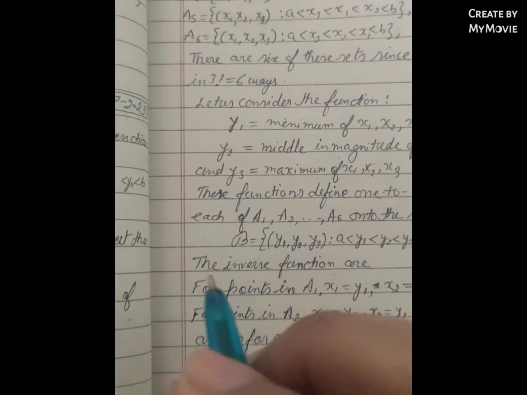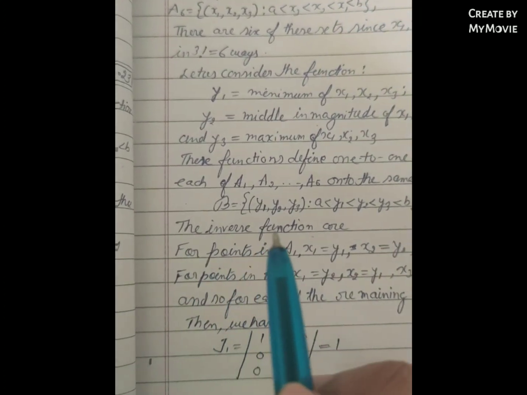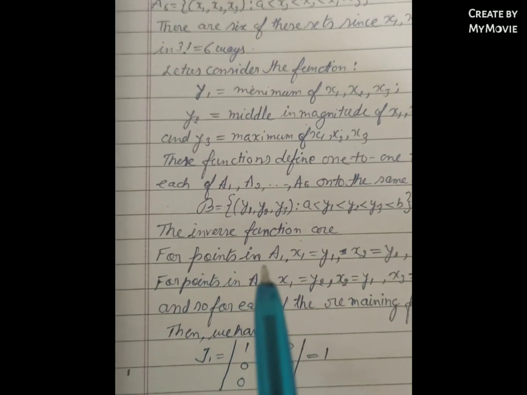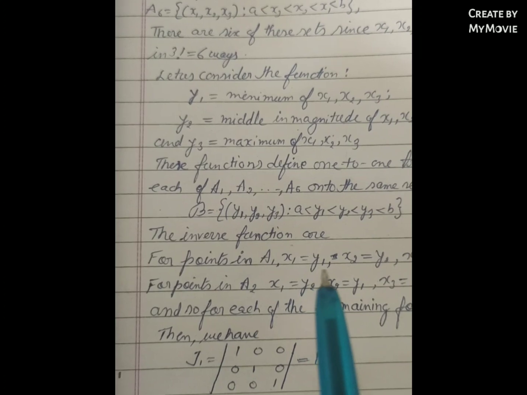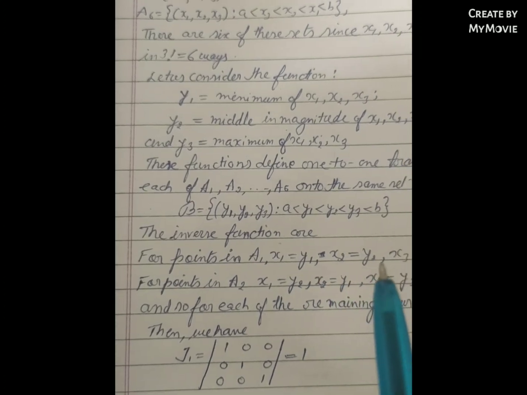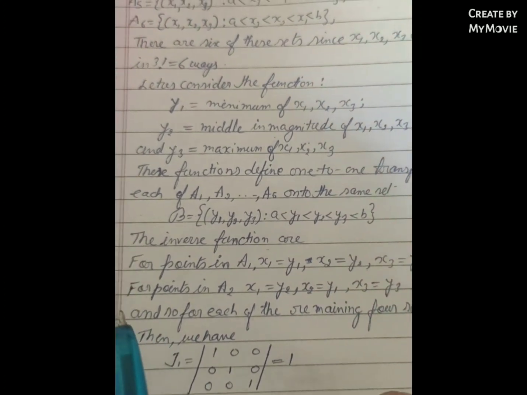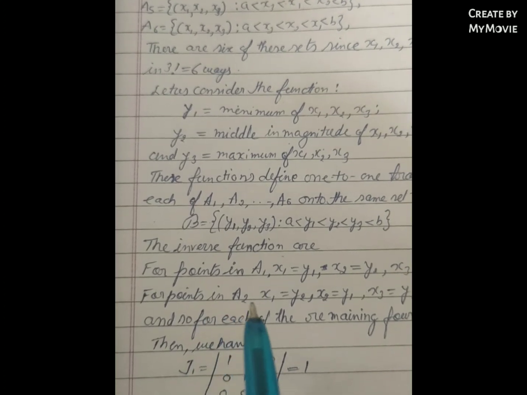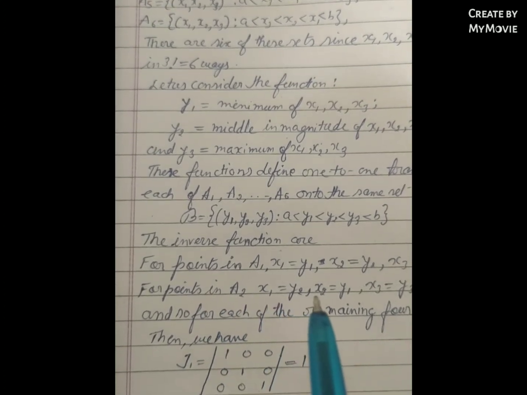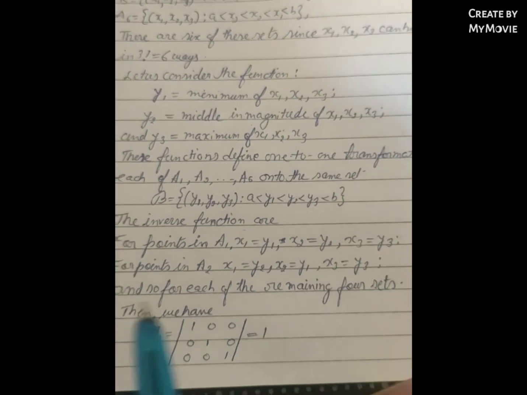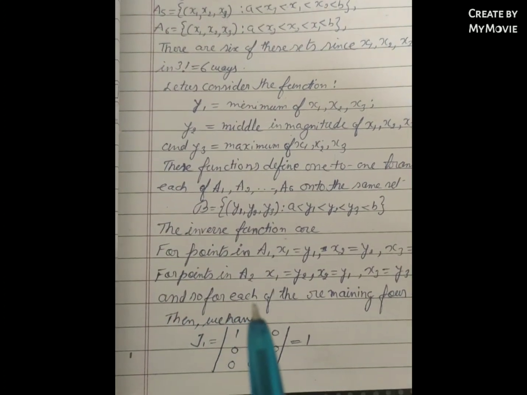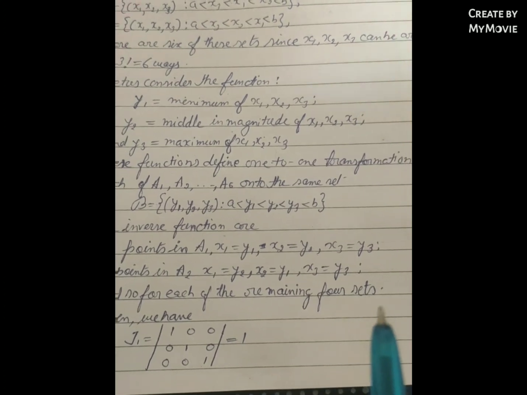The inverse functions are, for points of A1, x1 equal to y1, x2 equal to y2, x3 equal to y3, and for points of A2, x1 equal to y2, x2 equal to y1, x3 equal to y3, and so for each of the remaining four sets.